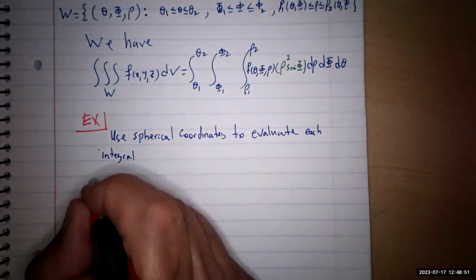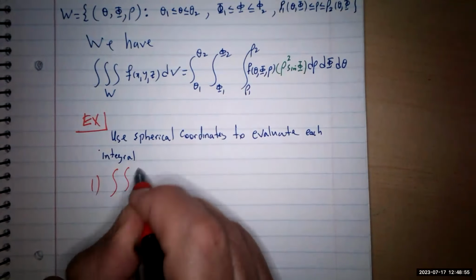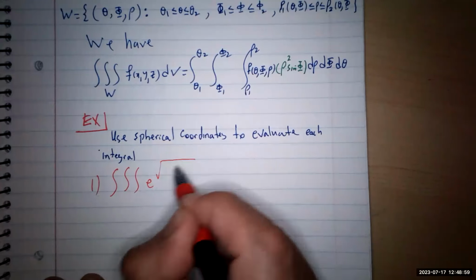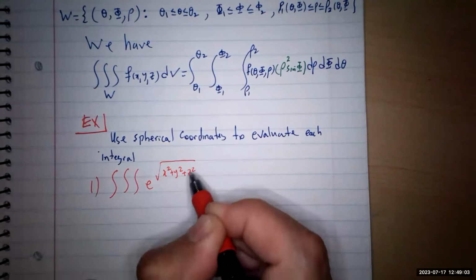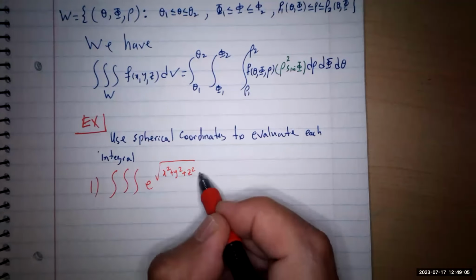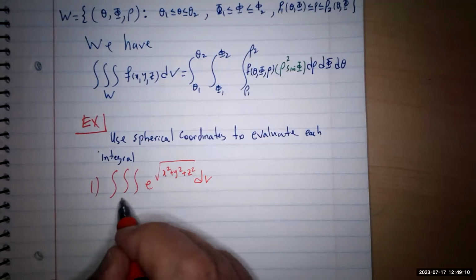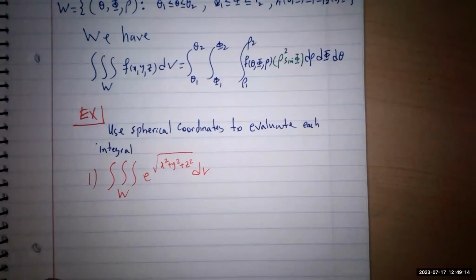So the first one, we want to find this triple integral. The function is e to the x squared plus y squared plus z squared, dV. This integral would be given in different domains on region W. And W is defined by this.